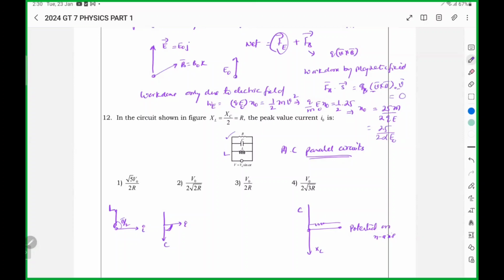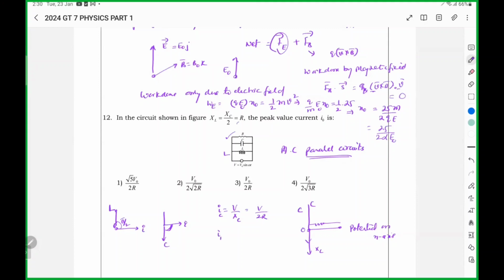Now peak current. So what is the current through this capacitor? Current will be V by XC through the capacitor. XC is given as 2R.